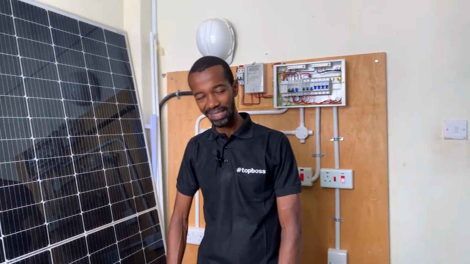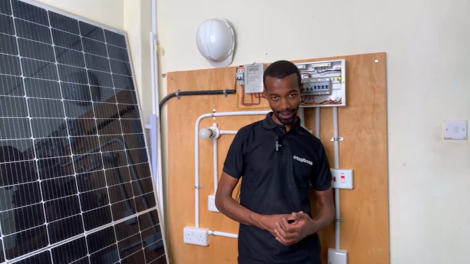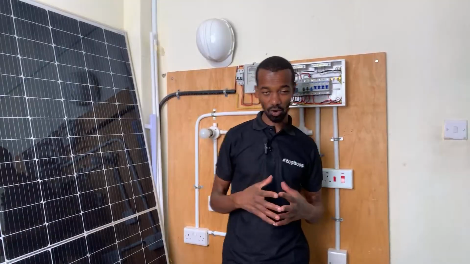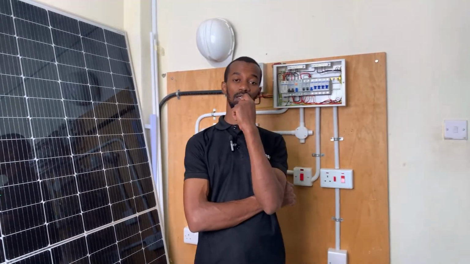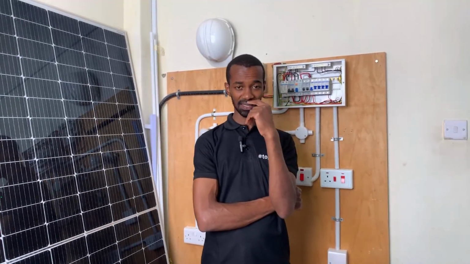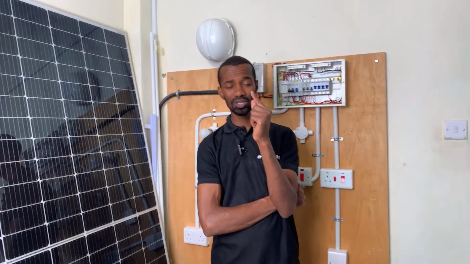The diameter of that cable matters a lot. When we were in high school, we learned in physics about the resistance of a current carrying conductor. And we learned that the cross-sectional area matters a lot. The diameter matters a lot. The material that is making that conductor matters a lot.